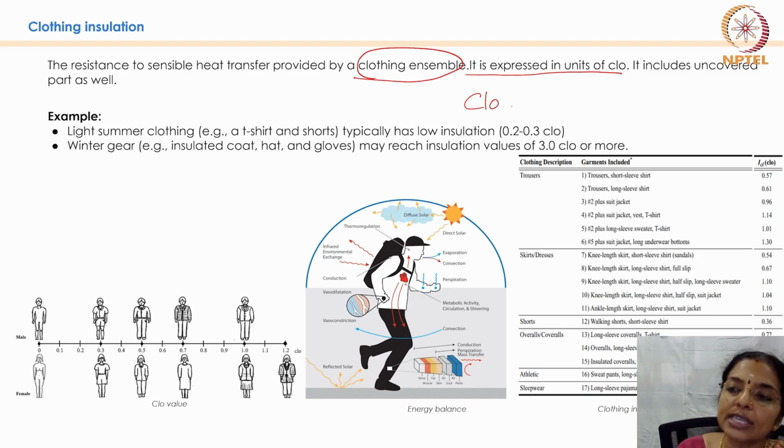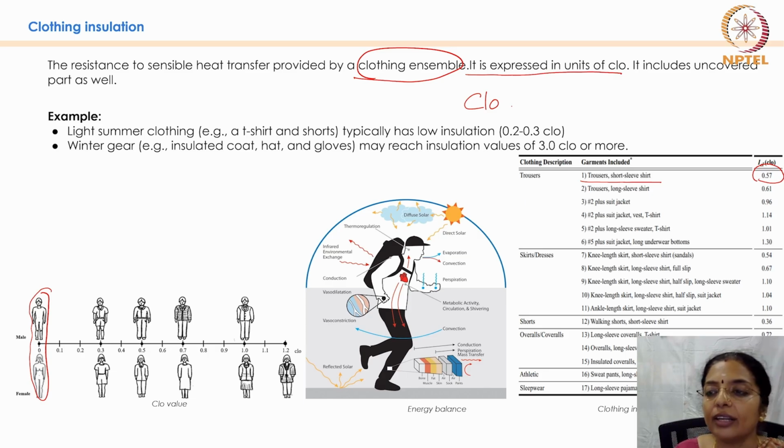It includes uncovered parts also. So, trousers with a short sleeve shirt have a clo of 0.57. A person who is completely bare bodied has a clo of 0.